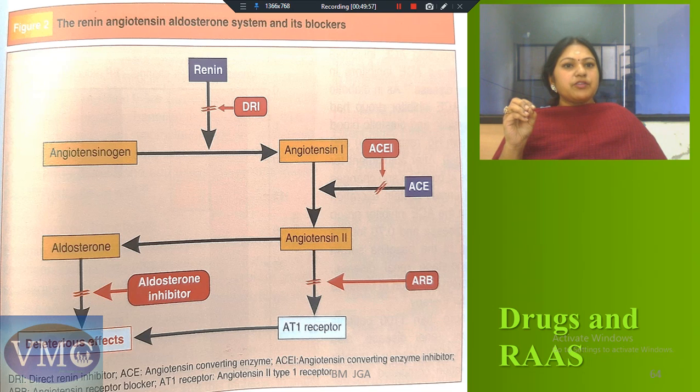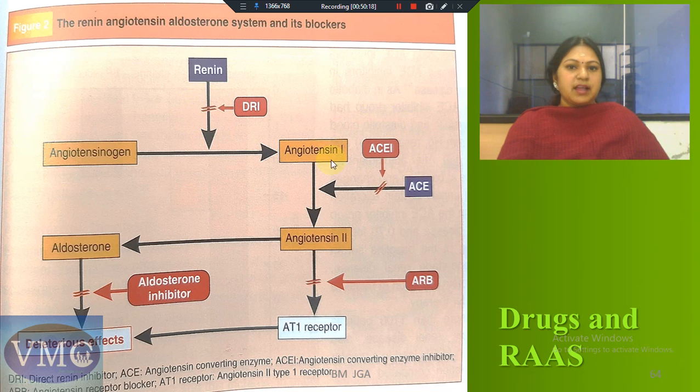So what we need is antihypertensives, which can bring this hypertension back to normal, and there are drugs which can block this RAAS activity. You can have the DRI, the direct renin inhibitor, which can block the secretion or formation of renin, which is a rate limiting step.